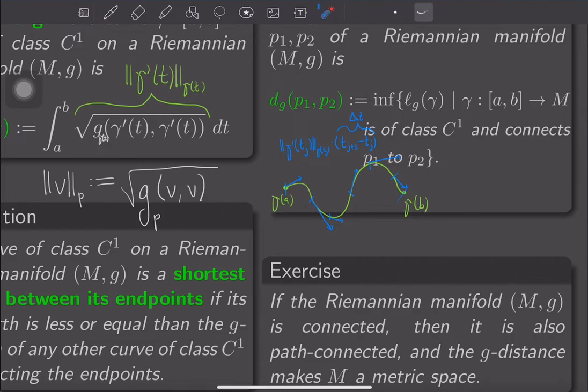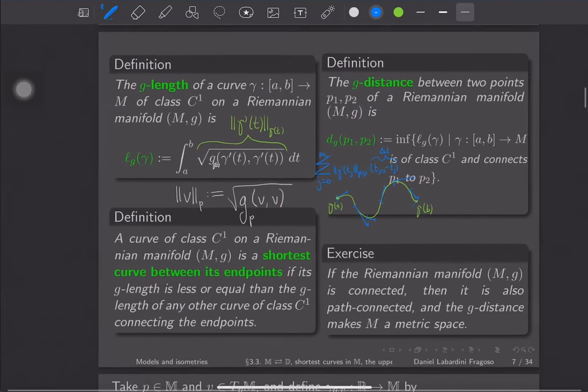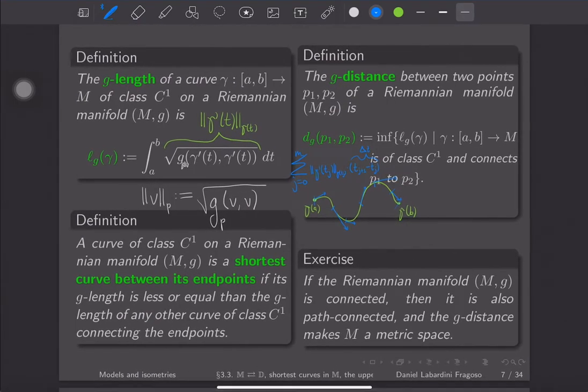The whole distance is then approximated by taking the sum of all of this, the sum from j equal to 0 to m, where m is the number of intervals in the partition. This sum approximates the length of this curve.